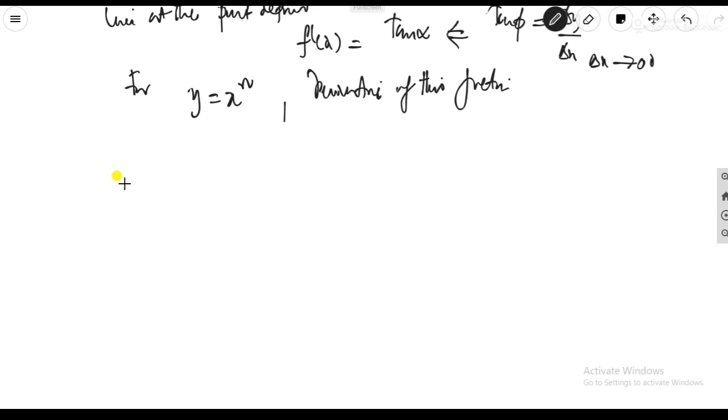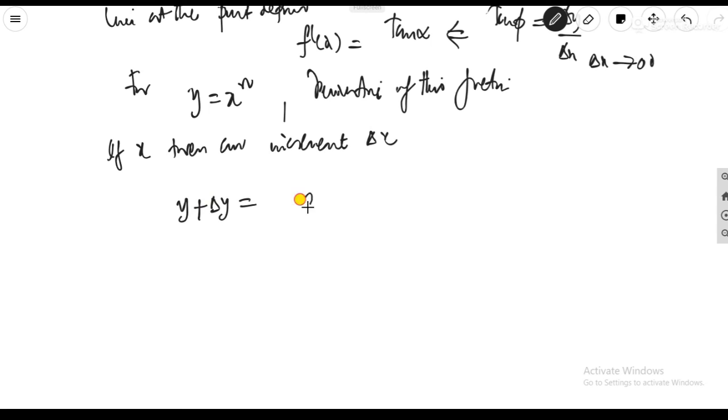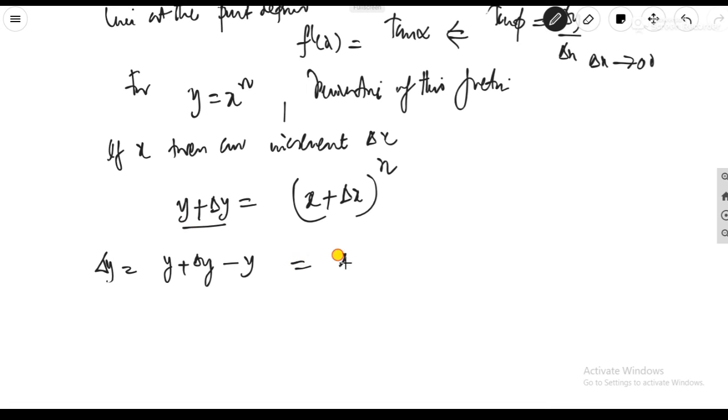As for the derivative, we know that if x takes an increment delta x, then y becomes y plus delta y, which is equal to (x plus delta x) whole power n. Now the increment delta y is equal to y plus delta y minus y. So delta y is (x plus delta x) whole power n minus y, which is equal to x power n.